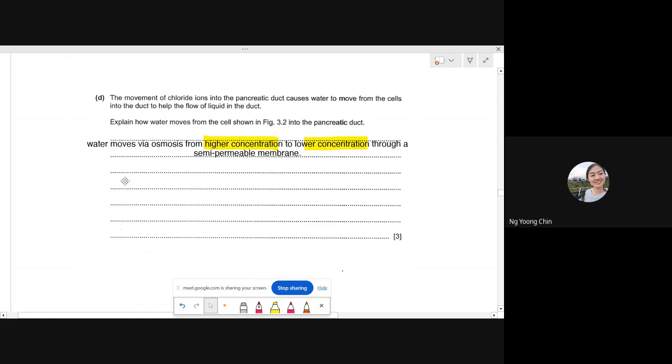So, due to presence of chloride ion in the pancreatic duct itself, it will reduce water potential.